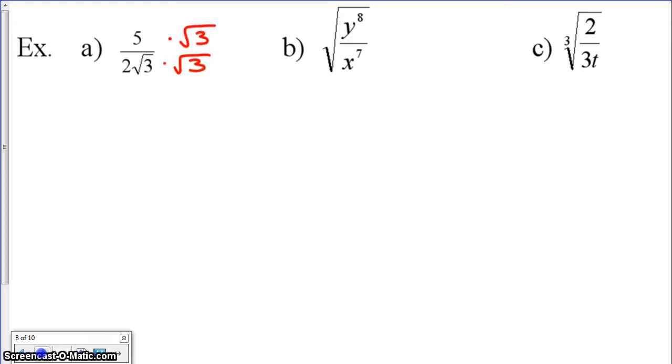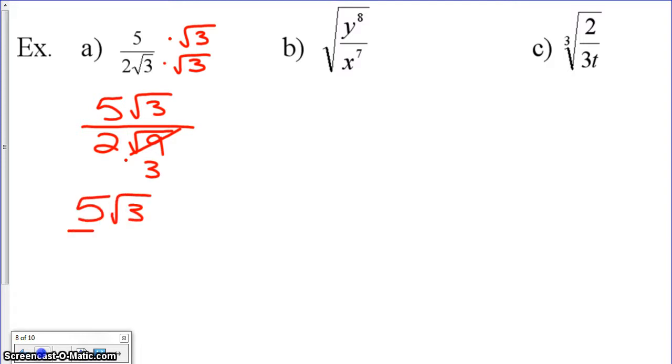That brings my square root into the numerator, so 5 square root of 3. In the denominator, I now have 2 times the square root of 9, which comes out as just a 3. So it is just 2 times 3 in the denominator. So 5 square root of 3 over 6.